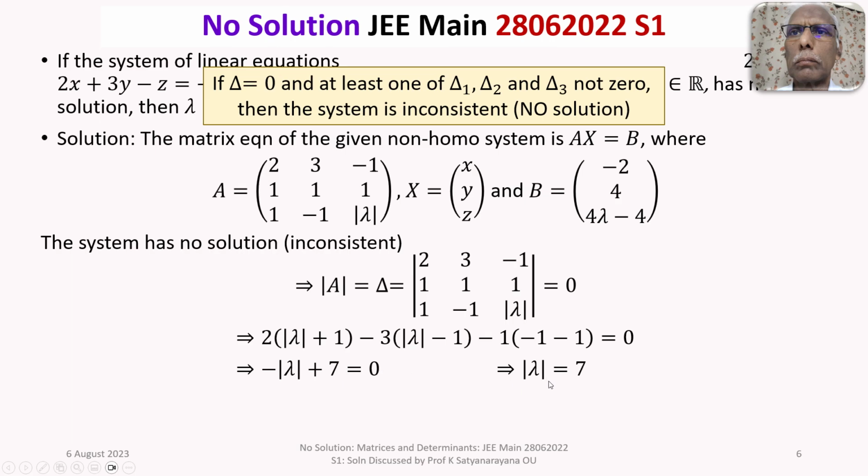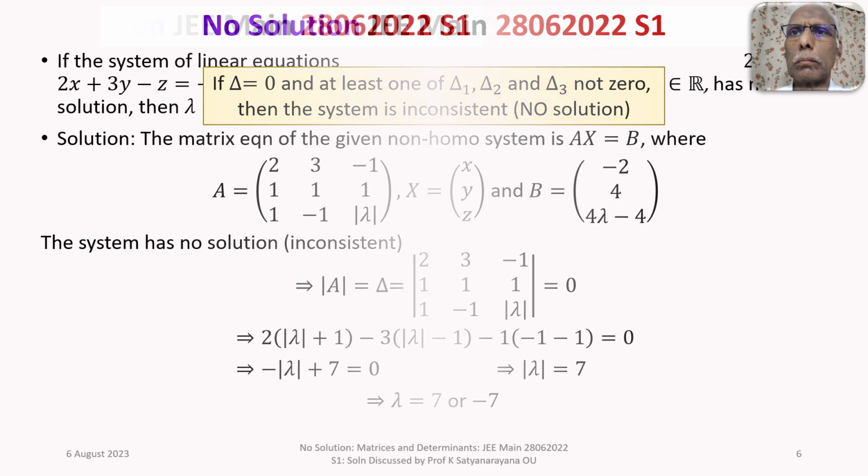That implies mod lambda is equal to 7. Lambda is equal to 7 or minus 7. That means the answer is there only in two options, and the remaining two options can be eliminated here itself. So the answer is either 7 or minus 7. That's what we have to see. We do it in the next slide.